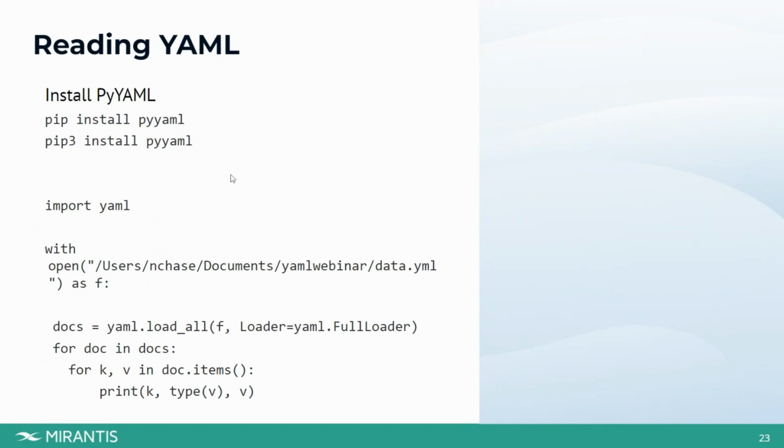You just use PyYAML. And I'll show you where you can find an implementation for every programming language in the world. This is a simple program. We import the parser, we open the file, and then we load all of the objects in the file and loop through them and print out what they are.